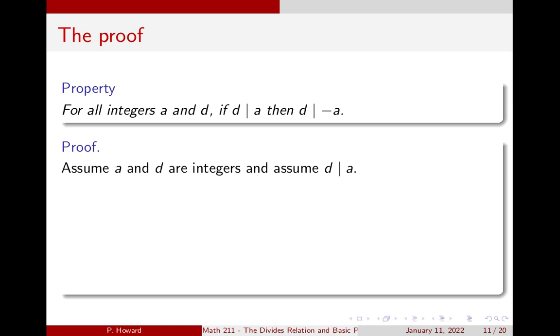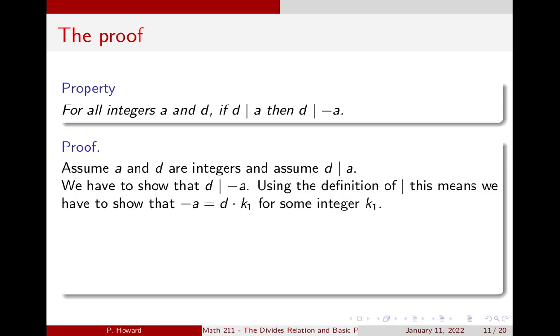We have to prove that d divides minus a, based on the assumptions that we have made. In other words, using the definition of divides, this means we have to show that minus a is some multiple of d, that minus a is d times k1 for some integer k1.